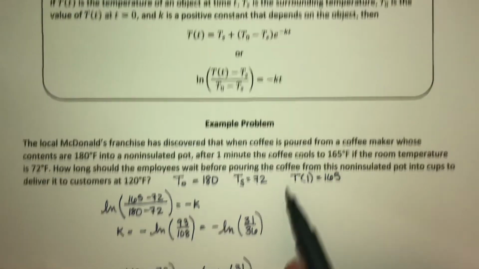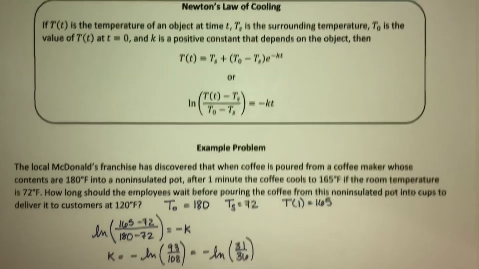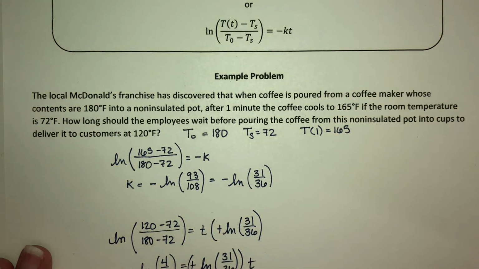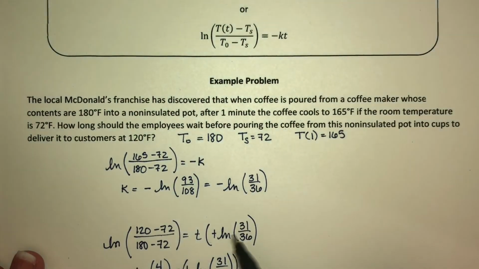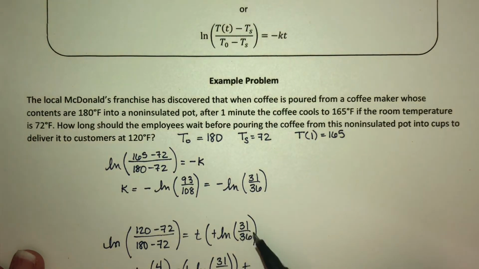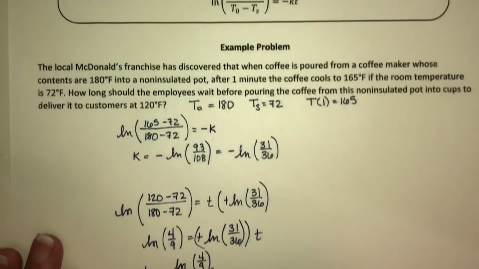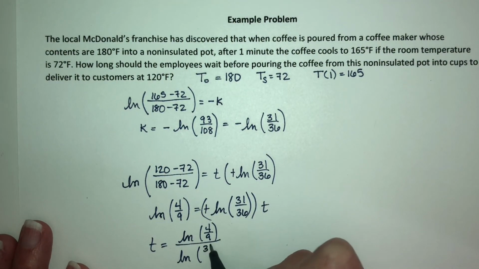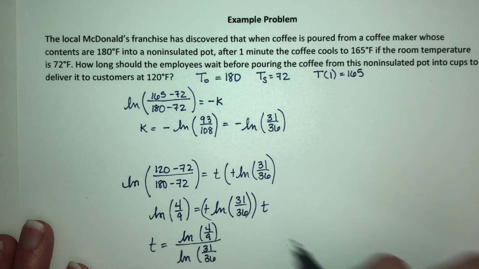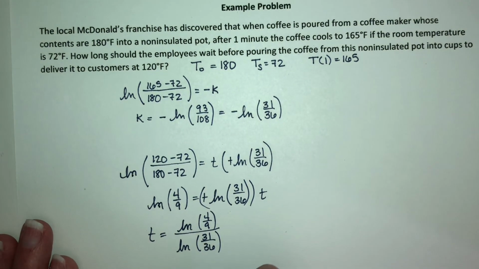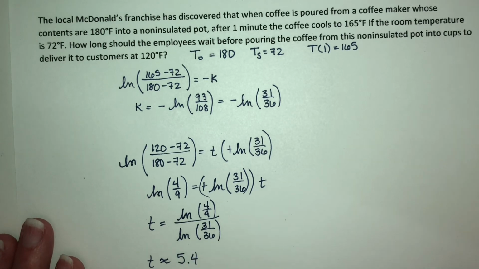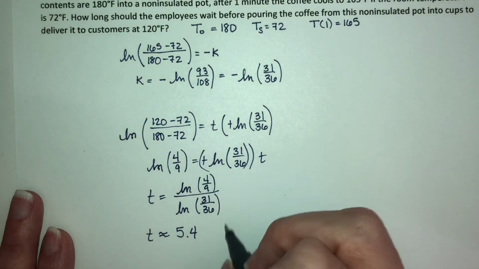My problem here is minus k, so this should have an extra minus here, which makes that plus, because it was minus t and k. So this is divided by positive natural log of 31 over 36. And if you do that arithmetic, you'll find that t is approximately 5.4. So these employees should wait approximately 5.4 minutes.